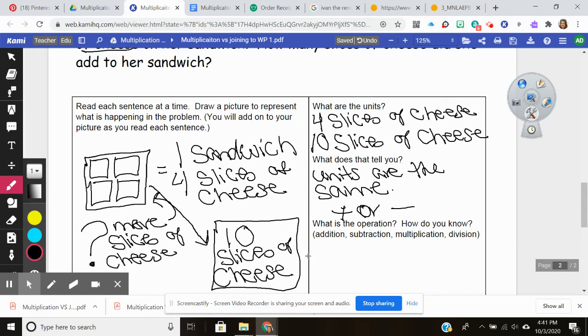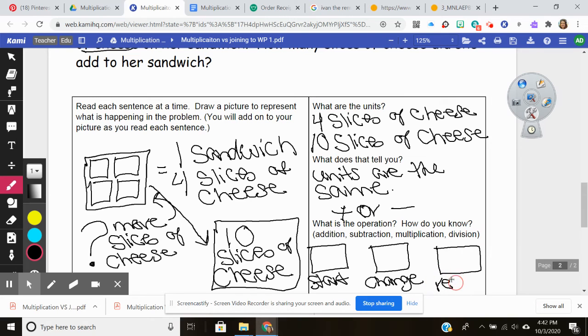So if I'm thinking about my start, and then my change, and then my results, I know my start is 4. She started with 4 slices of cheese. Then we have no idea how much she added. And because we're adding, we're going to put that. And then she ended up with 10 slices of cheese.